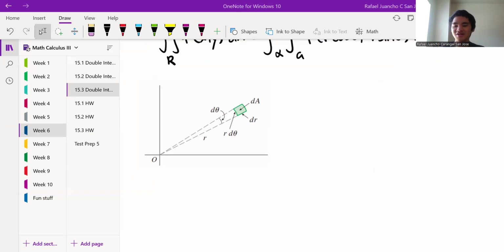So let's say that again. The smallest polar rectangle can be thought of as an ordinary rectangle, right? So if we make our polar rectangle really, really small, it's going to look like an ordinary rectangle, and it has certain dimensions, which are r d theta and dr. And so that small change in area is r dr d theta. So that's the idea.